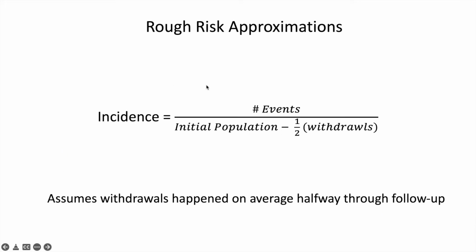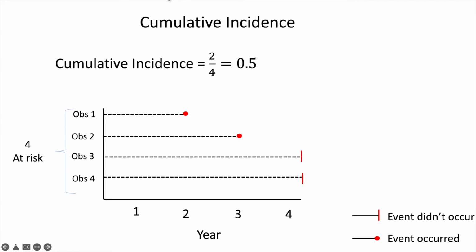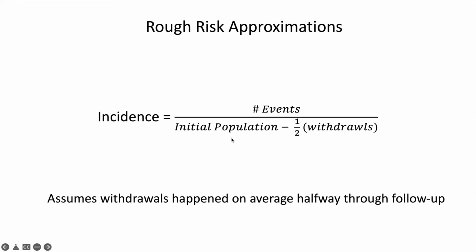These are rough approximations of what I just described. Something I said about cumulative incidence is there can't be withdrawals, there can't be people dropping out. But if there are some, and you know about that, and you still want to calculate cumulative incidence, there's some kind of crude ways you can do that. Basically, an example of how that would go down is the number of events over the initial population minus half of the withdrawals.